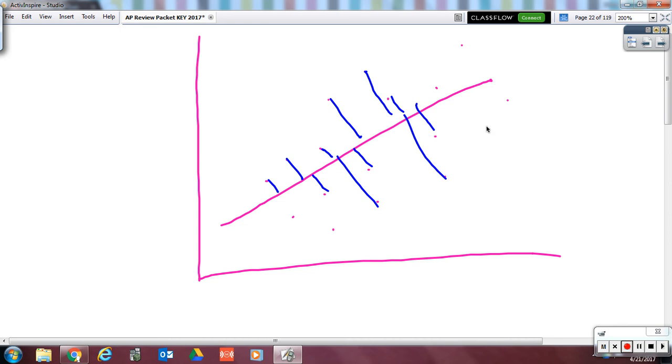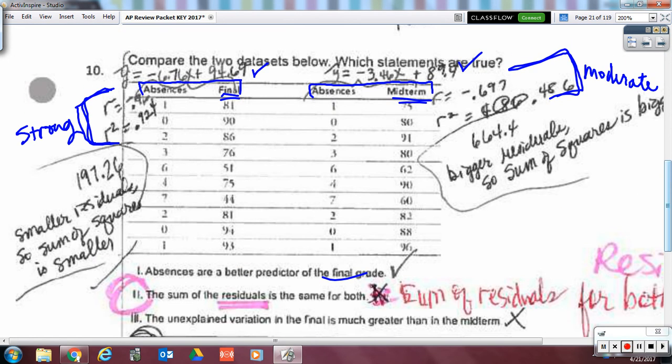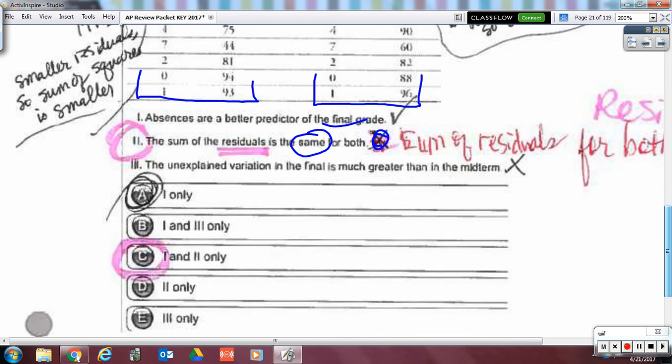We know that the sum of residuals is always equal to 0. That's for both lines. So this set of data has the residuals summing to 0, and this set of data has the residuals summing to 0. Because of that, yes, they are the same. They are both 0.